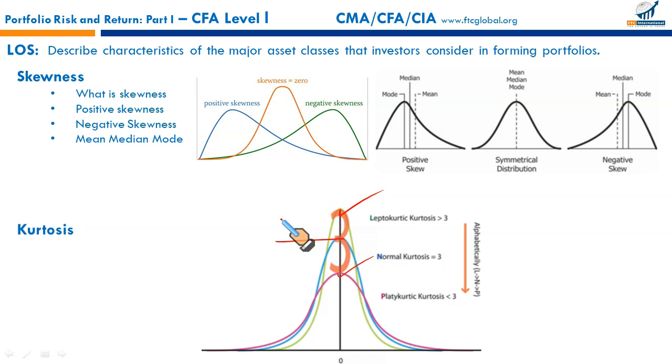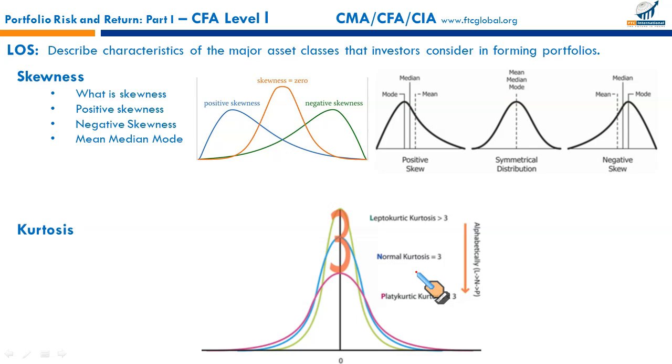So when we say a distribution has positive kurtosis, it means that it is a relatively more peaked distribution than normal, called leptokurtic. And when we say it's negative kurtosis, that would indicate a relatively flat distribution compared to the normal distribution. A normal distribution has a kurtosis of 3. A leptokurtic will have greater than 3 and the platykurtic will have less than 3.